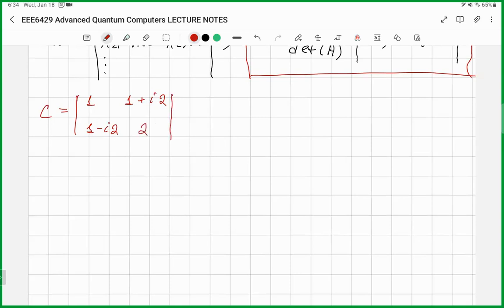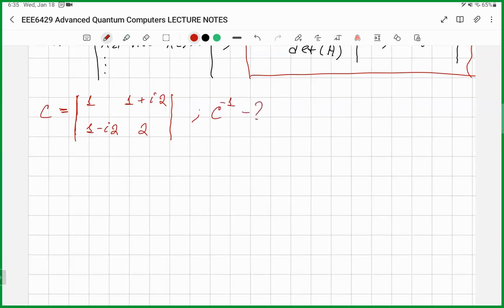So this is our matrix, and we already know that this matrix is Hermitian. This matrix has real-valued eigenvalues. We already know how to find them. And let's now find the inverse matrix.